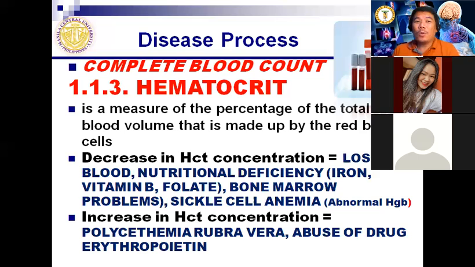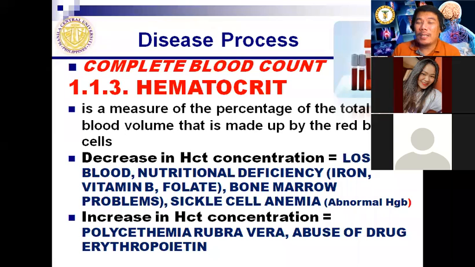So when it comes to the hematocrit, as we have discussed, this is related to the percentage of the blood volume made up of the RBC. If we are talking about blood volume, we may refer to the viscosity of the blood. If there is a decrease in the hematocrit, then there will be low viscosity and low volume of the blood.